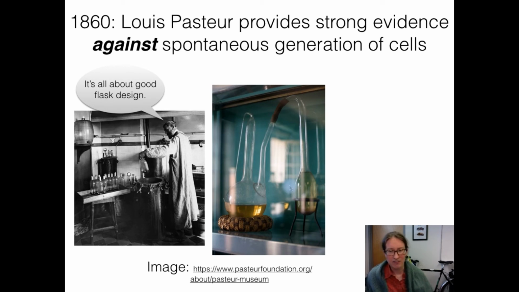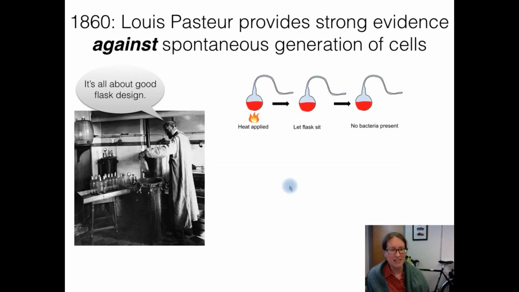So after boiling the broth to kill off the previous microbes, he would then let the flask sit for a while. And if microbes started to grow again in the broth, then the broth would start to turn cloudy. But when he did this with one of his flasks, the flask that just sat there just did not turn cloudy. It sat there for a long time.